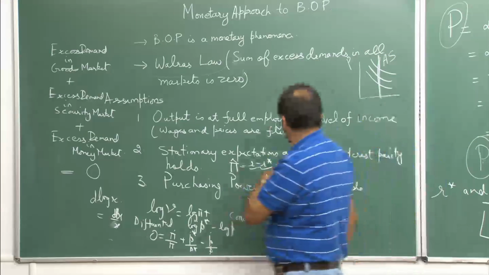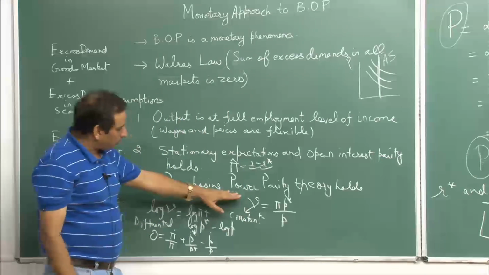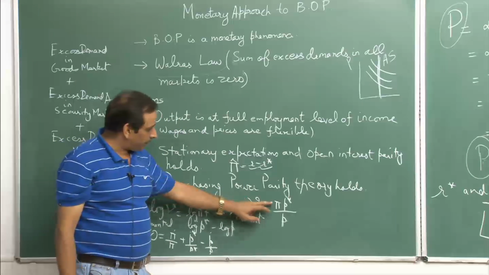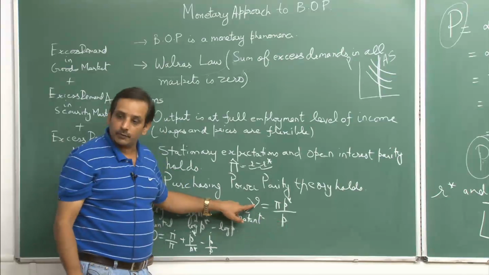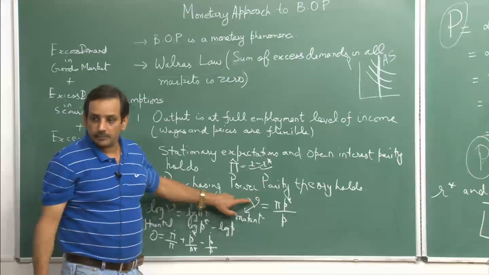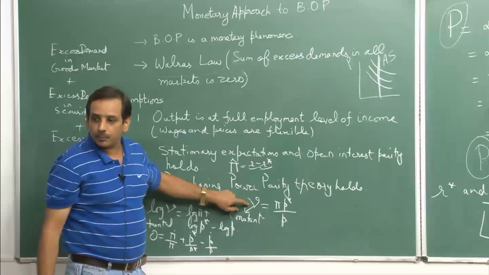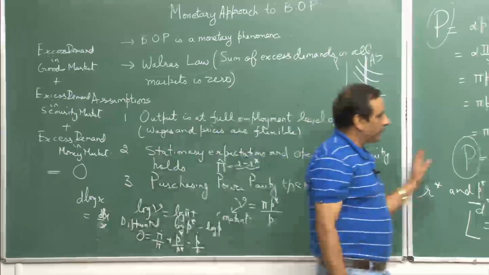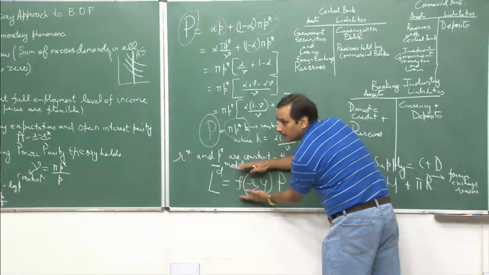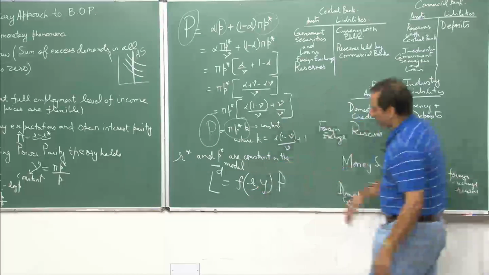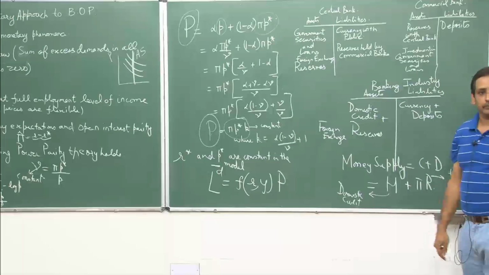So, it's a constant. Say if pi increases, then P would also increase, so that this will become a constant. And I will come back to this point when we discuss the entire model. So, you have the demand side, money demand. But P star is constant.